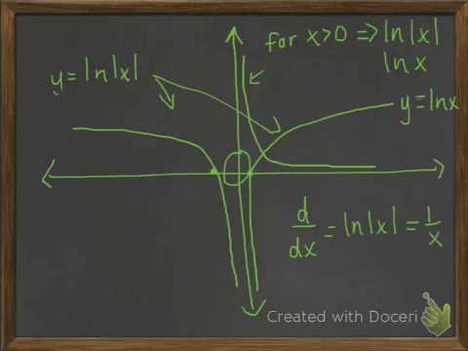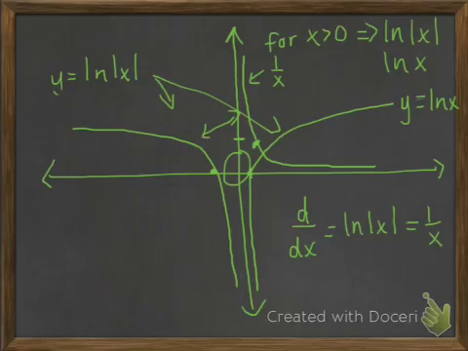This line here is representing 1 over x. You can see that they're almost mirror images of each other. The spot here at 1 and 1 here are at almost the same place. Well, not according to my drawing, but take my word for it. So you can see they're like mirror images of each other.